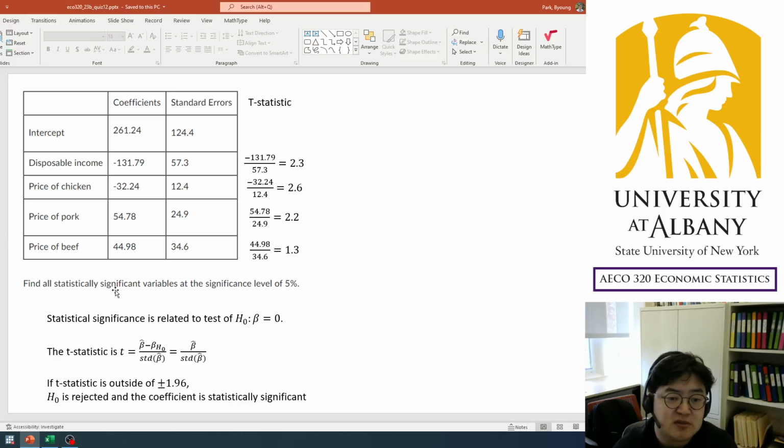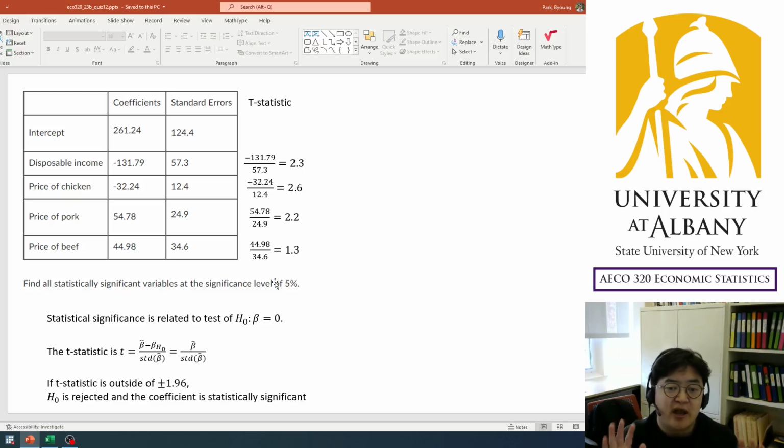So the idea goes like this. Remember, statistical significance is based on the hypothesis testing of 0. If the null hypothesis that a coefficient equals 0 is rejected, then we say the coefficient is statistically significant, right?